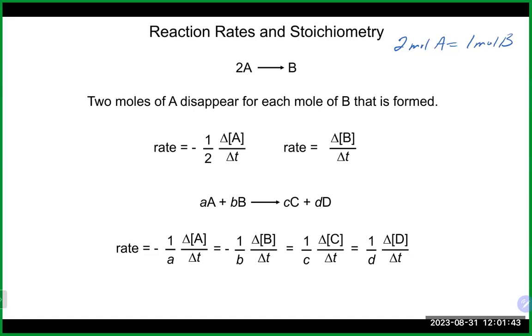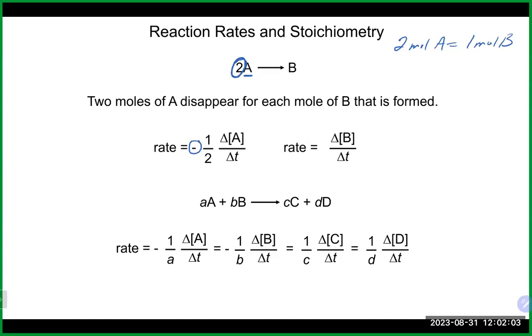So in this case, if we were going to write our rate expression, the rate is equal to minus, because A is a reactant, 1 over 2. 1 over the coefficient is where the 2 comes from. So 1 over that coefficient.